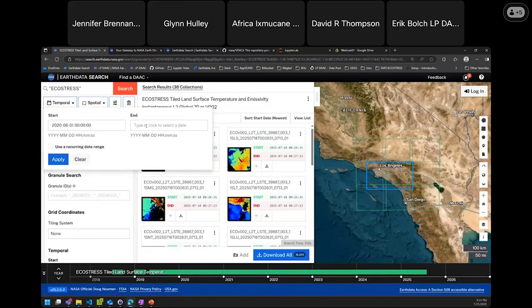We could select this for 2020, just through the end of August or something. And then one thing we could also do is, we have this range we're searching, but maybe we want to just do summer and do a time series over multiple years. So you can use this recurring time range to change this. We could do up to current from 2020.